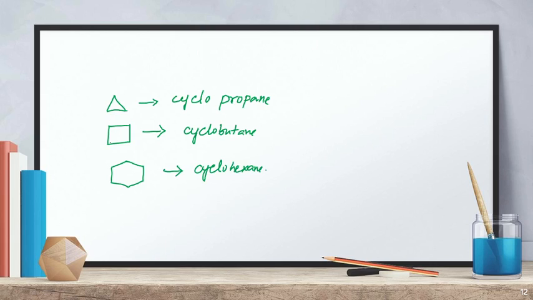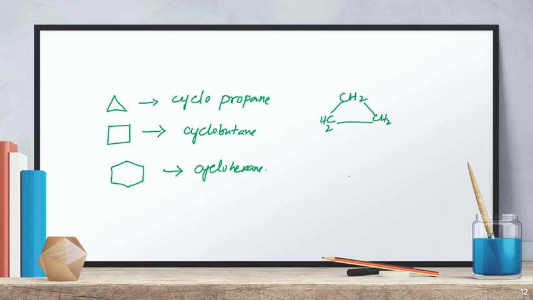So if you compare all the compounds, for cyclopropane the structural arrangement would be like this. All the carbon atoms are connected by single bonds and you are finding only CH2 units. There are no methyl groups. Only methylene units are present for the case of cycloalkanes.